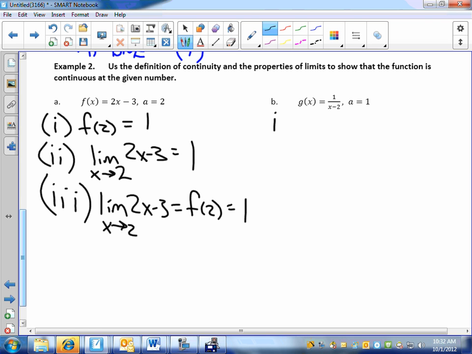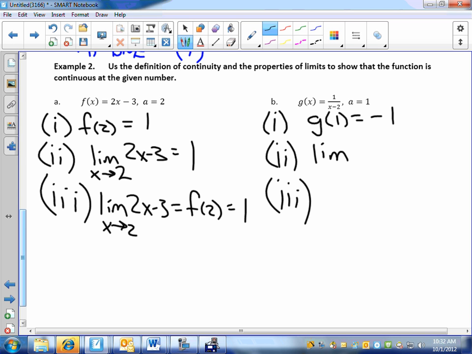Okay, let's do the next one. Okay, what is g of 1? Negative 1. What is the limit as x approaches 1 of 1 over x minus 2?